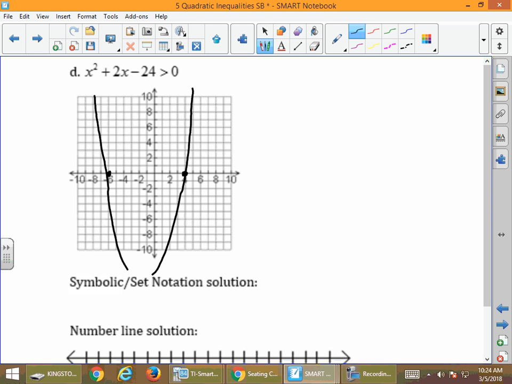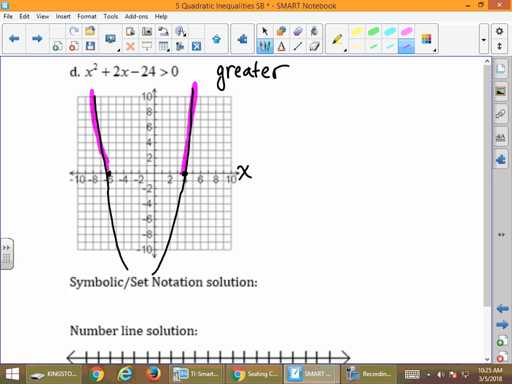The difference on this problem compared to letter C is that this time we're looking at greater. So in contrast to letter C, greater than 0 is going to be above here, which means we're going to be looking at this part of the graph, and this part of the graph.